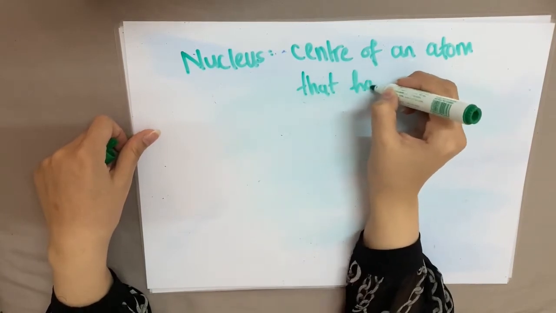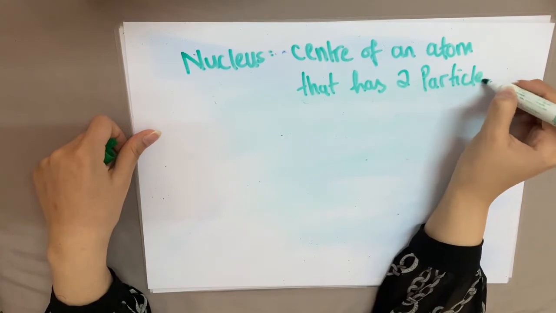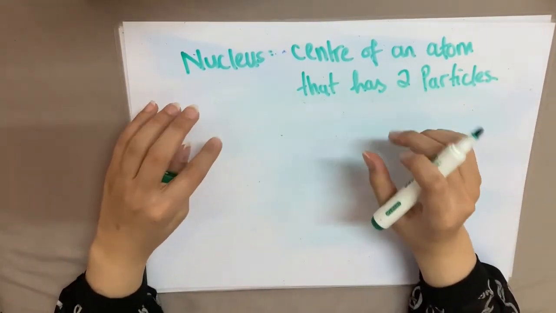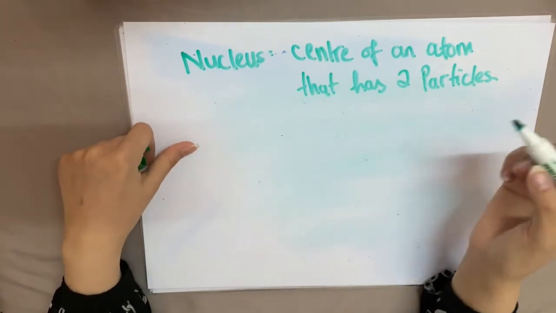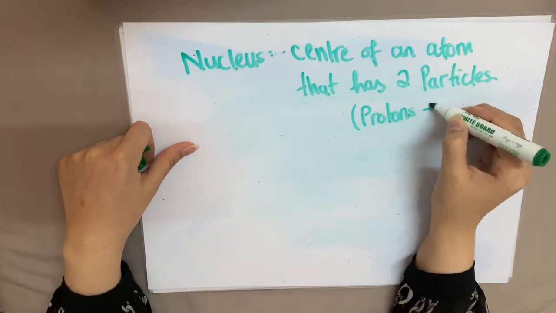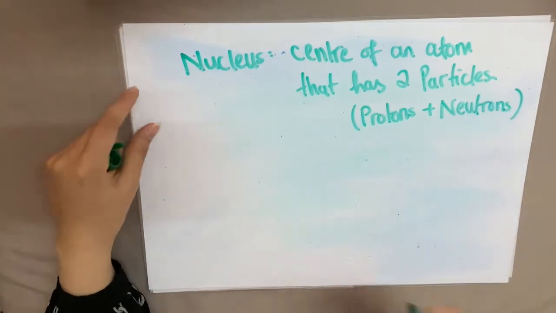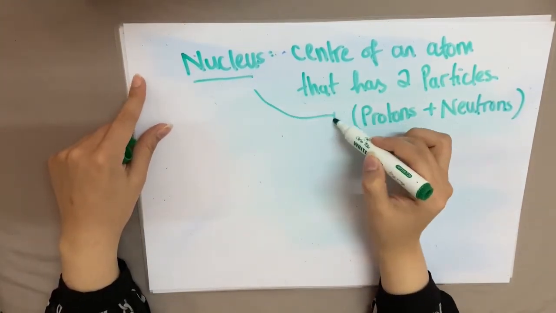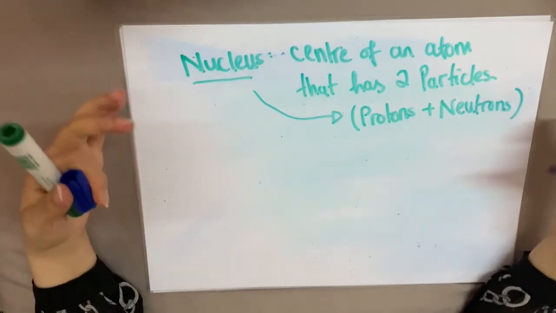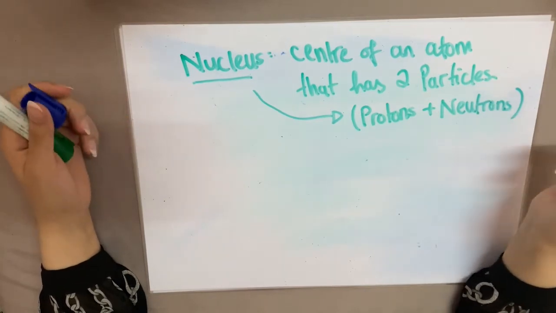What are these 2 particles? Do you remember from the names? Do you remember the picture we just saw? There are 2 particles inside the center of a nucleus. They're subatomic particles called protons and neutrons. So, inside the nucleus, we have protons and neutrons. So we defined the nucleus. We found out that inside the nucleus there are 2 subatomic particles, protons and neutrons.